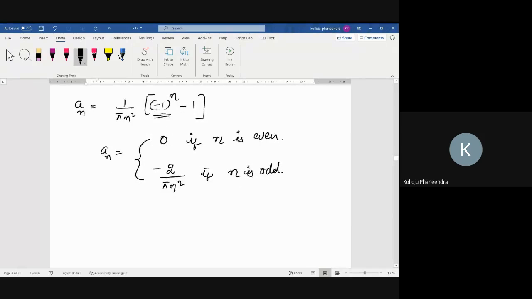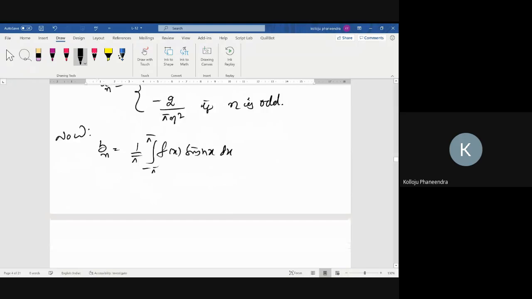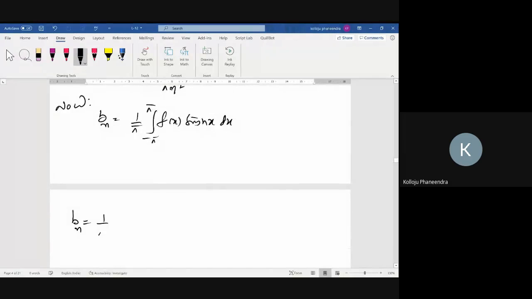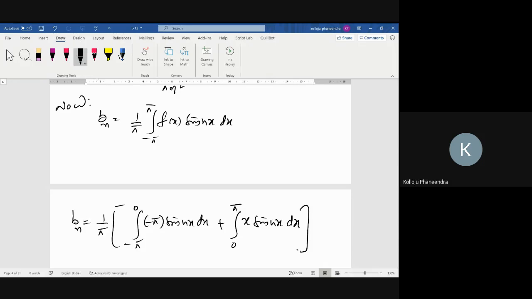Now, coming to bn. bn is 1 by pi integral from minus pi to pi of f of x into sine nx dx. Now, quickly I will write this directly. In minus pi to 0, the function value is minus pi, sine nx dx, plus 0 to pi, the function value x, sine nx dx. Right?